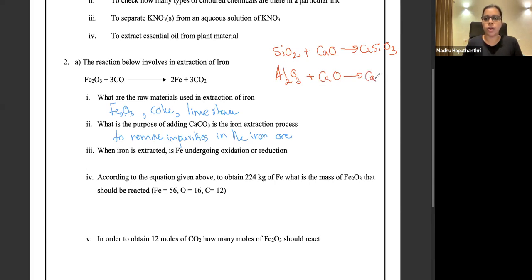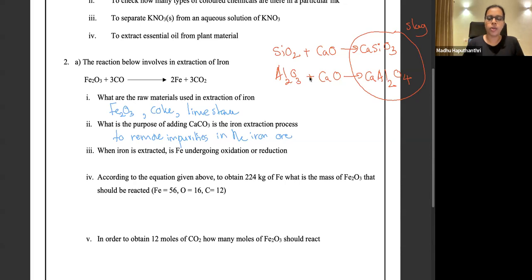Here also the same thing. Calcium, 2 aluminiums are there. All together 4 oxygens. That's how you write it. You don't have to separately remember the products. It's just a matter of adding all the atoms together. So this is called the slag. That's how the slag is forming. Right?